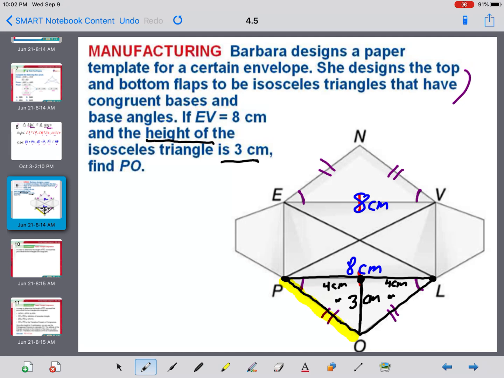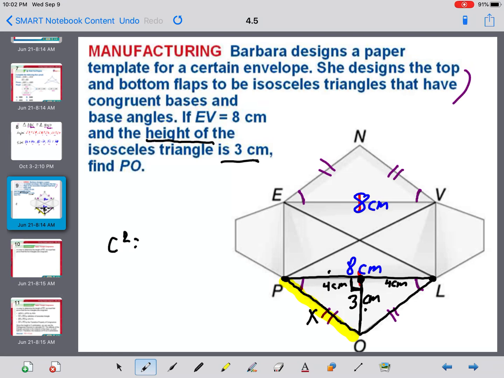Well, because these are isosceles, you could prove that these two triangles are congruent. So it's 8 total, it'd be 4 each. That said and done and out of the way. Let me see if I can erase those little pieces.